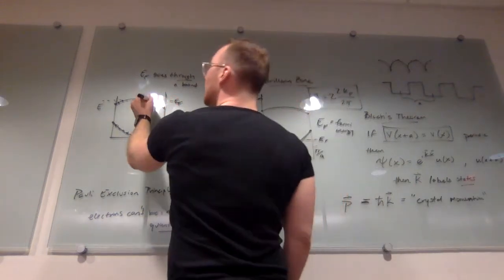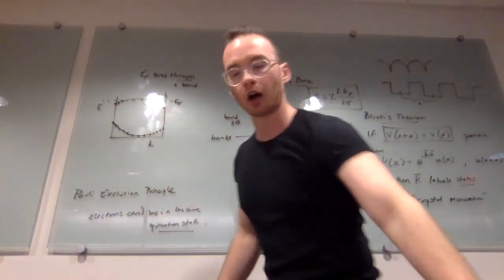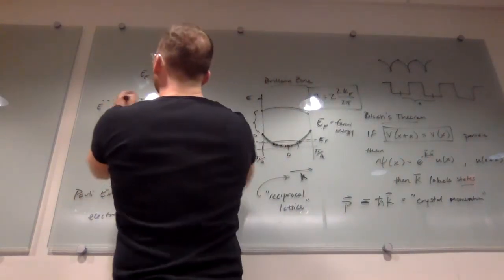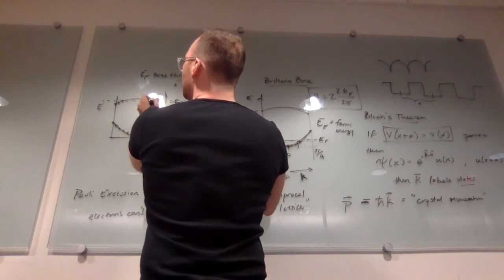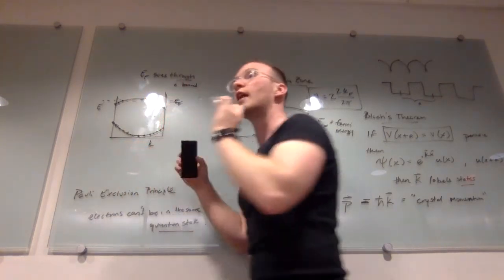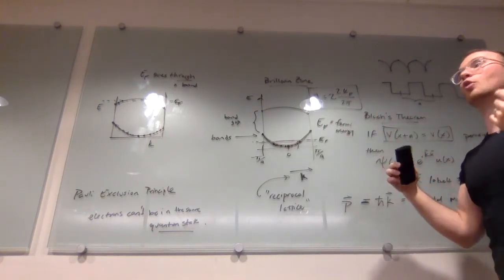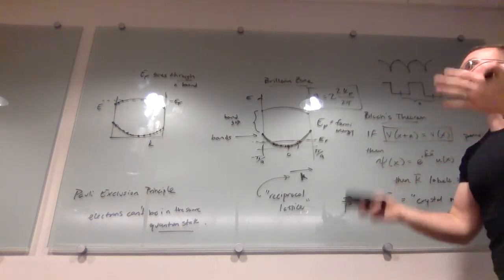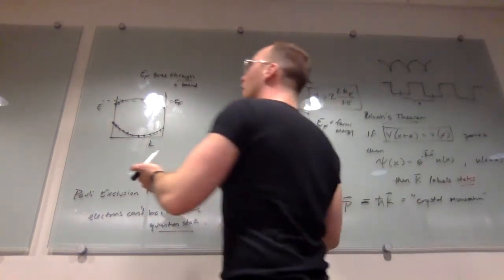And the reason is because the next state is here. Actually, I should draw it as a hole because there's nothing there yet. So it's an open hole. This is the next state. The energy difference between those two is very, very small. Obviously, I'm exaggerating, but it's really small. So even if it has just a little bit of heat, it'll bubble up and down in all those energy levels.